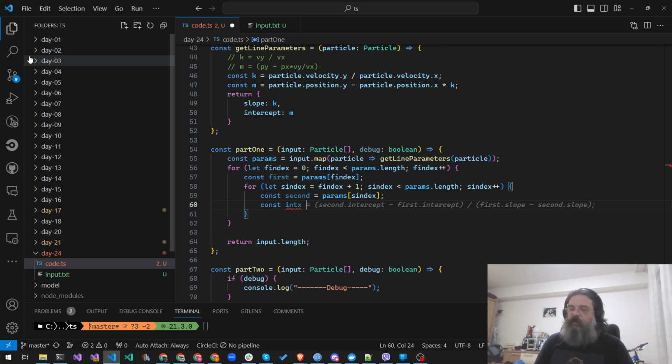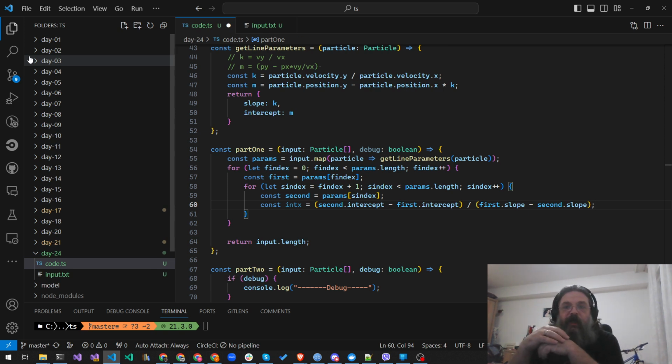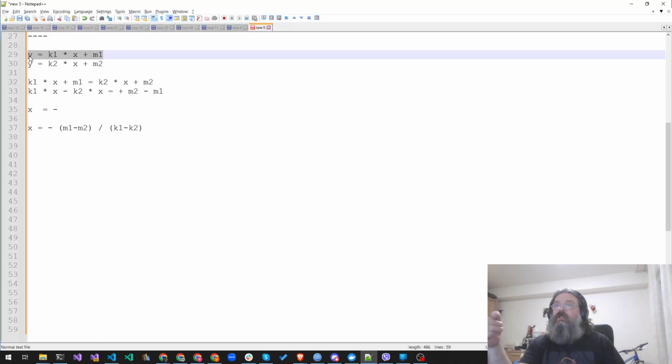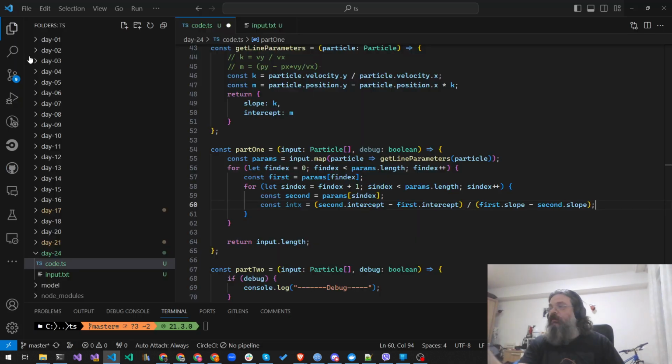Intersect x is, yeah, I spent all that time to actually see this, but note that if I had no idea that I wanted to write this, this wouldn't make sense to me. So we're taking the intercepts and they are second first, and then we have the slopes first second.